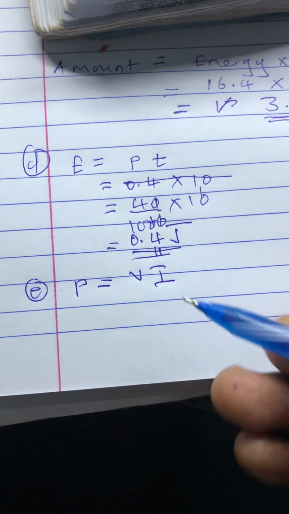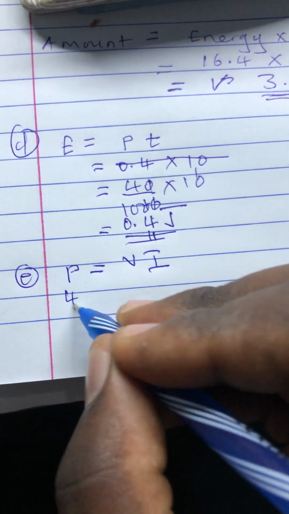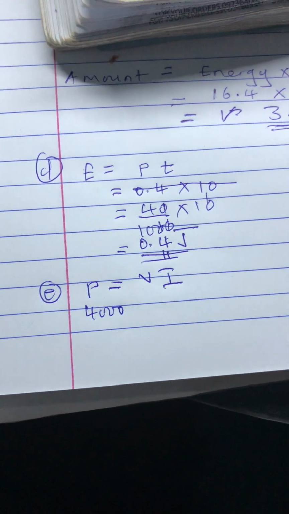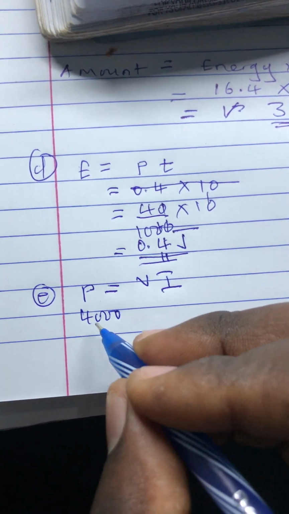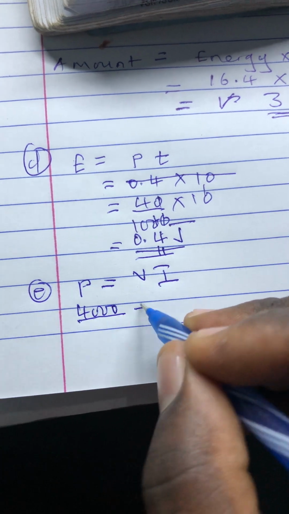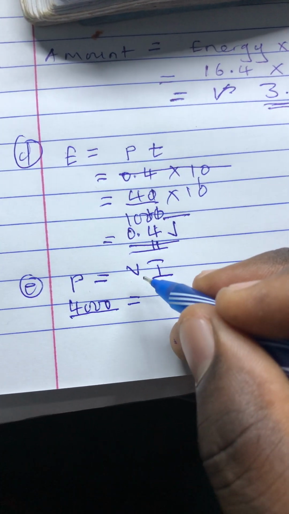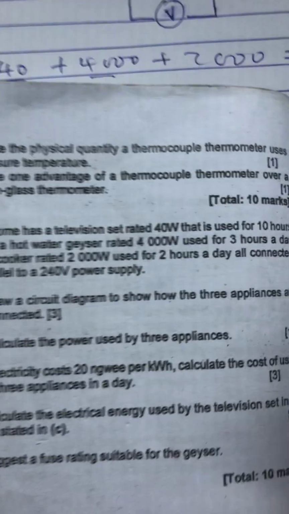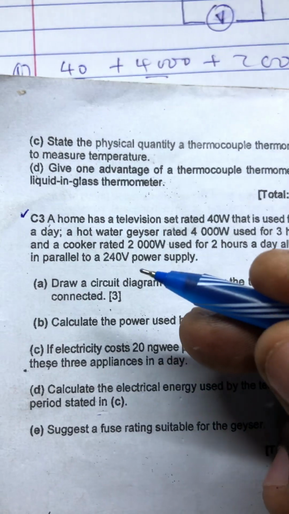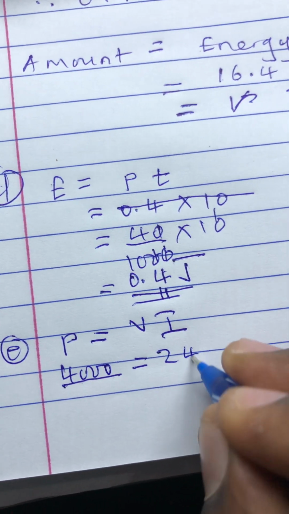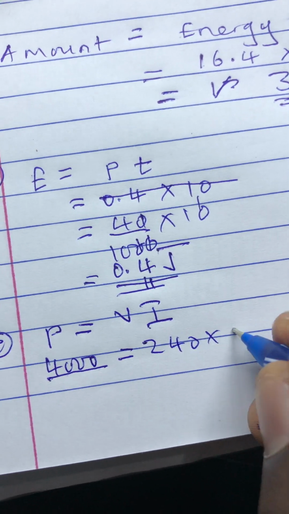The power that we have was 4000. Remember, this time around we are not converting it into kilowatts, we're just going direct. So 4000, and then we have the voltage, which is 240 volts. It was given in the question. So we're writing 240 volts multiplied by current.